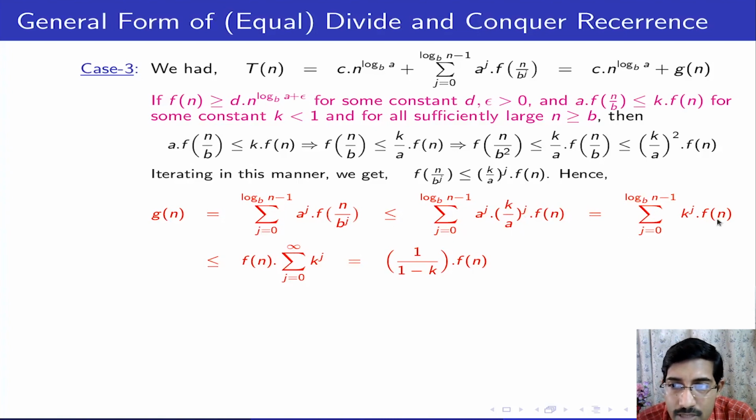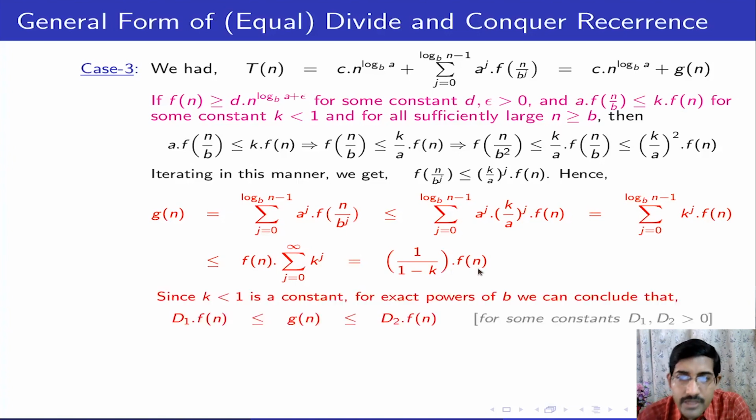This means it is just k to the power j times f(n), and now again for sufficiently large n I can take this to infinity and I get a constant times f(n). What does this mean? That g(n), its growth rate, is bounded by a constant times f(n). You can also show it the other way, since k is a constant less than one and we have exact powers of b.